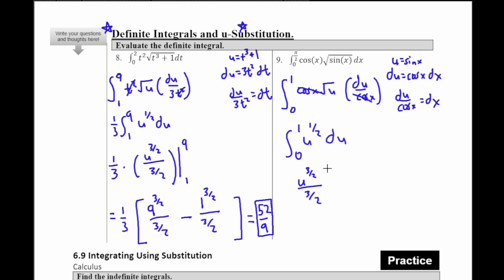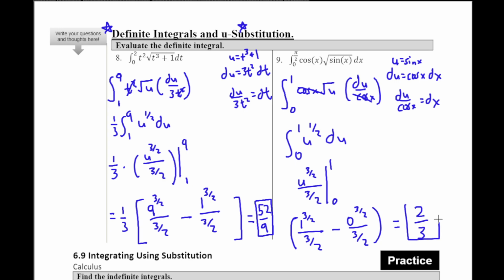You do the vertical bar from 0 to 1. Now on the next line, plug the 1 in first, so that's going to be 1 to the 3/2 over 3/2 minus, plug the 0 in, 0 to the 3/2 over 3/2. If you're using the calculator, you just end up getting 2/3. That is your final answer.